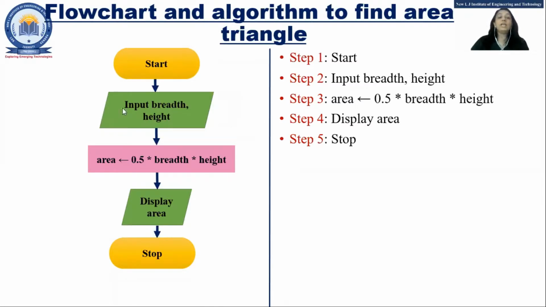You can see that first the input statement will be executed. Then this statement will be executed, area equal to 1 by 2 BH, and then display. So they are supposed to be executed in sequence. Any doubt in that? These statements are executed in sequence. So that is the thing, right?